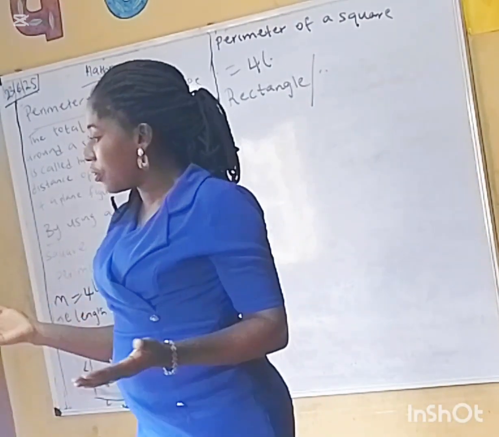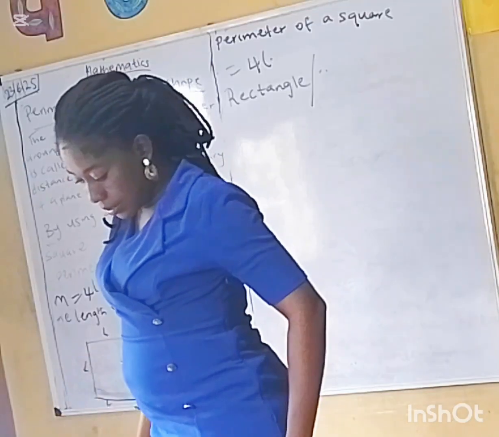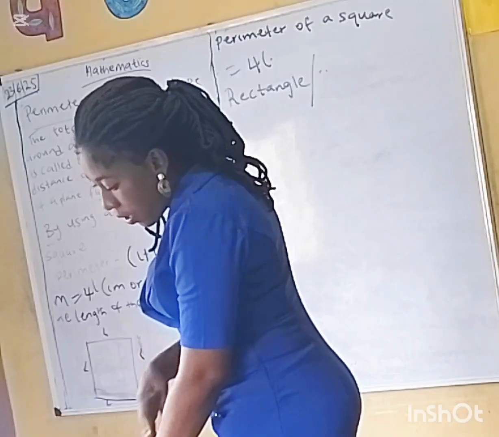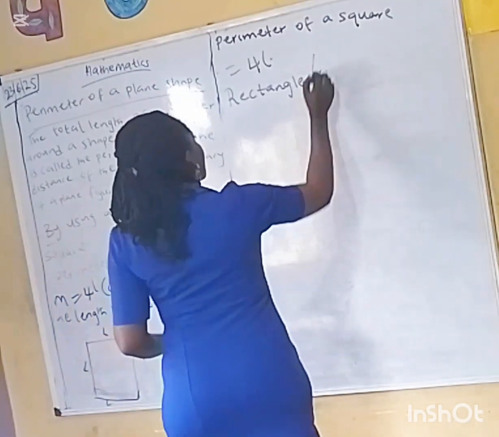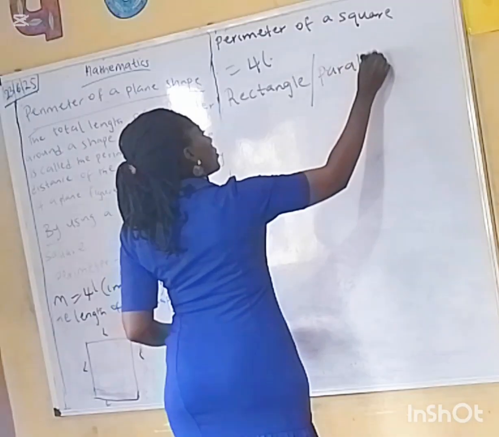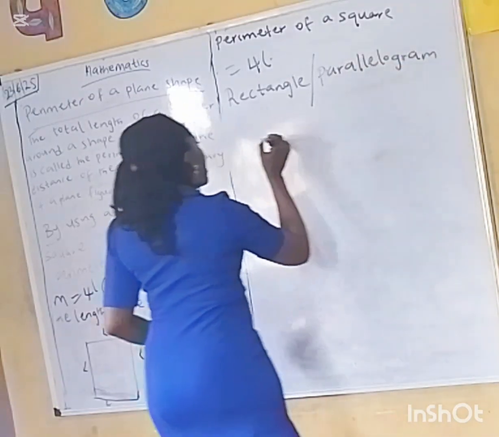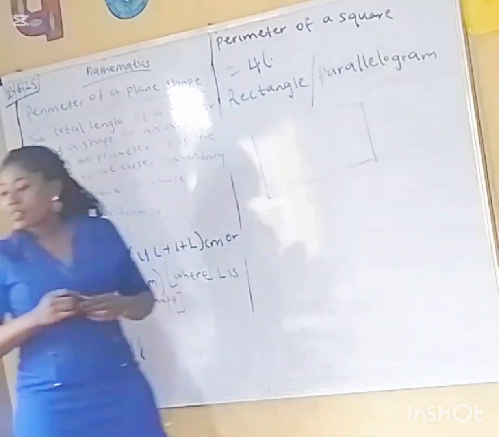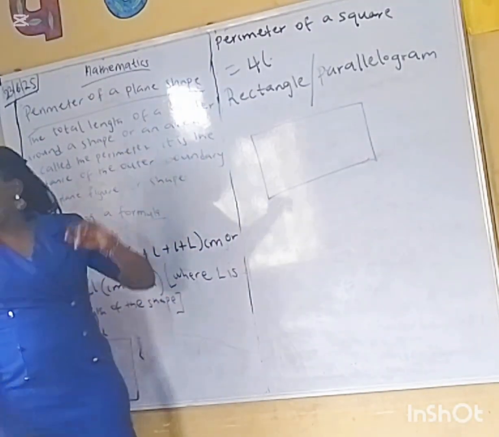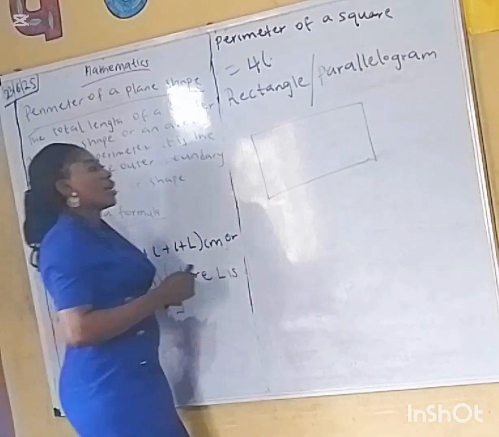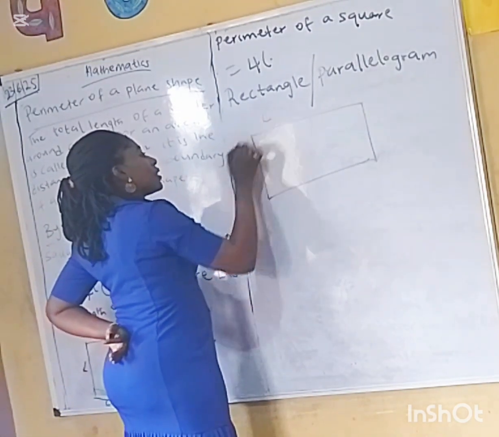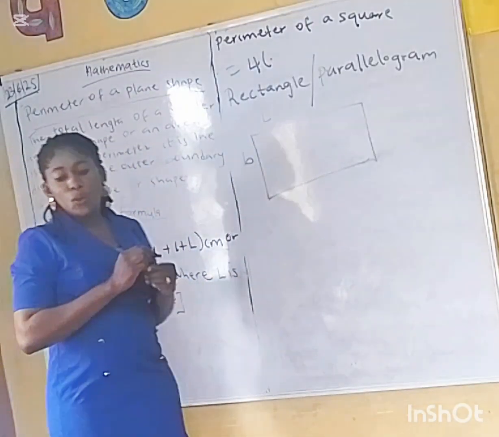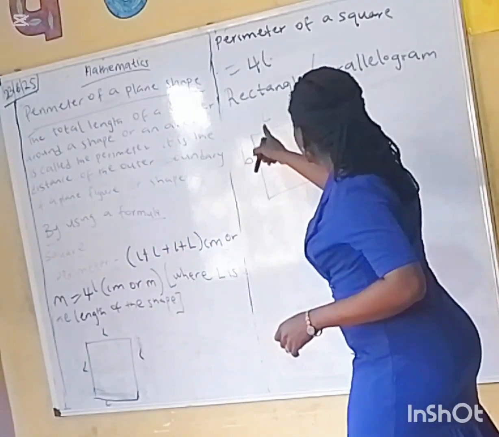That's what we did when we were drawing the different shapes in our last class. So for the rectangle, let me draw it. This is a rectangle, for example, the board that we have. Because all the sides are not equal, they have different labeling. This side is the length, so we now have the length and the breadth.